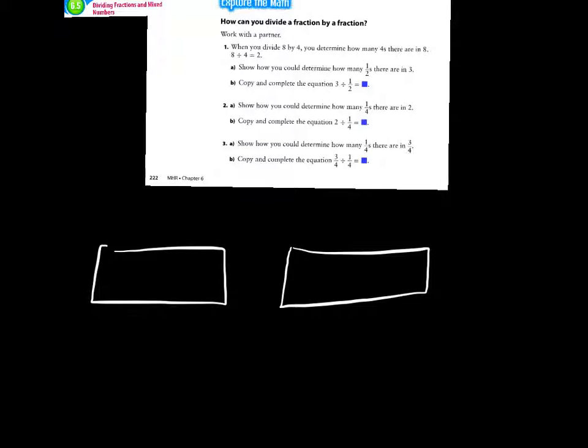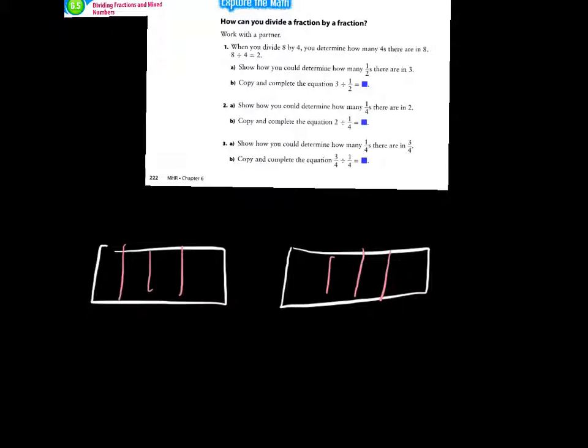I don't have any quarters right now, but I can divide these wholes up into quarters. 1, 2, 3, that's quarters now. 1, 2, 3, that's quarters. They're not perfect, but how many quarters are in there? Well, there's 1, 2, 3, 4, 5, 6, 7, 8. There are 8 quarters in 2 wholes.